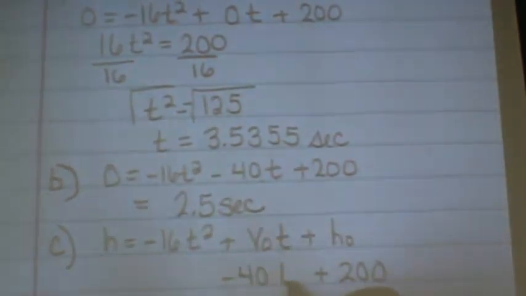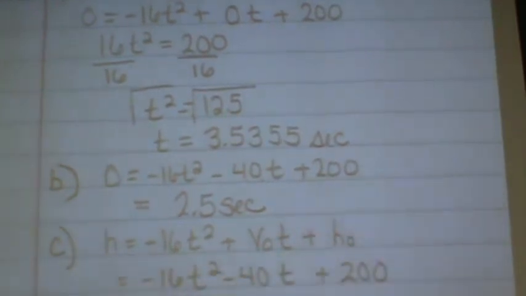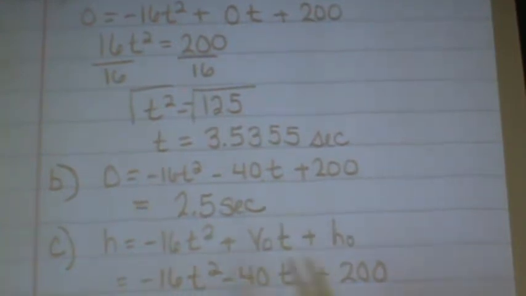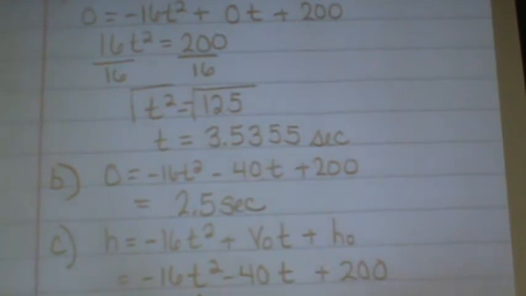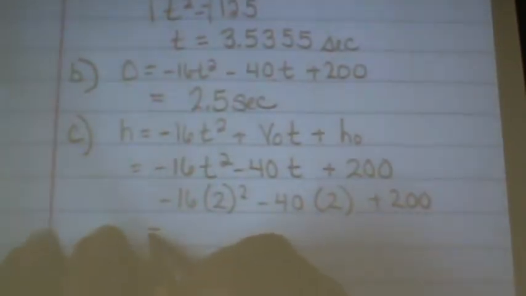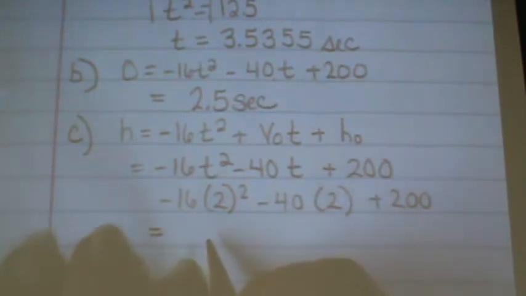So you still use this information here. They want to know how high the rock will be in 2 seconds. So you're going to plug 2 in for time. Negative 16 times 2 squared minus 40 times 2 plus 200. You're going to simplify all of this, and you should get 56 feet. This is the height above the ground.